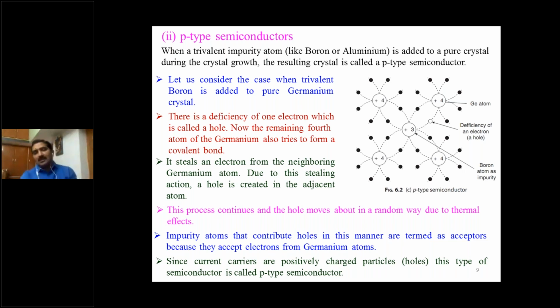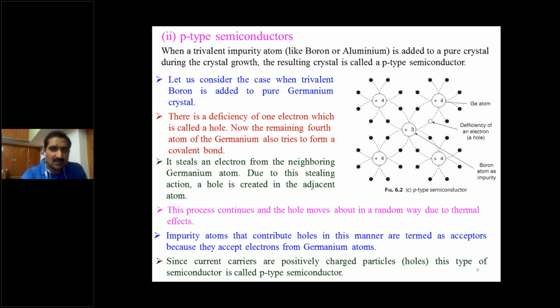So finally, in an intrinsic semiconductor, the number of electrons in the conduction band is equal to the number of holes in the valency band. Whereas in an n-type semiconductor, the charge carriers are electrons, which are majority charge carriers. In a p-type semiconductor, holes are the majority charge carriers.